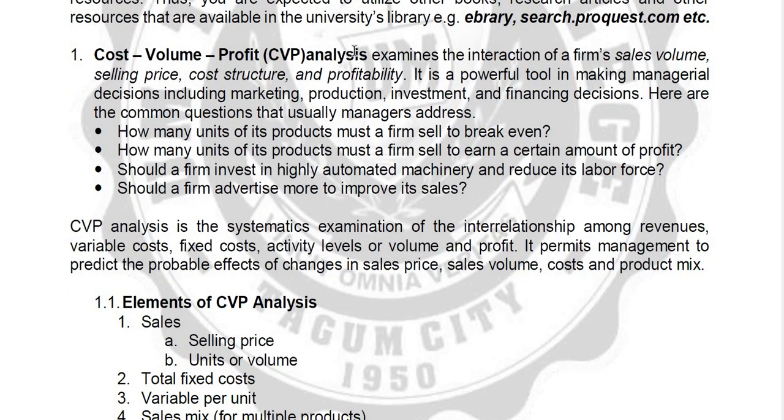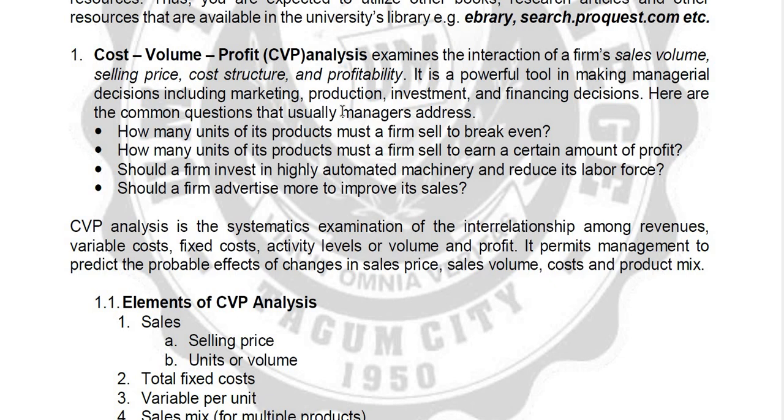So CVP analysis or cost volume profit analysis examines the interaction of a firm's sales volume, selling price, cost structure, and profitability. So it is a powerful tool in making managerial decisions, including marketing, production, investment, and financing decisions.